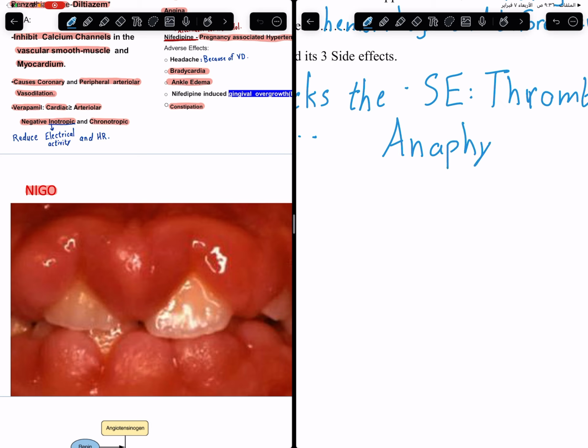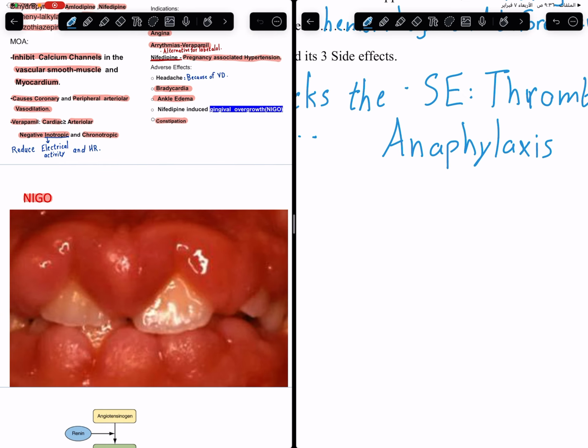There will be no question from antithrombotics: no antiplatelet, no anticoagulant, and no fibrinolytic. Maybe in the final, but in this exam, no question.